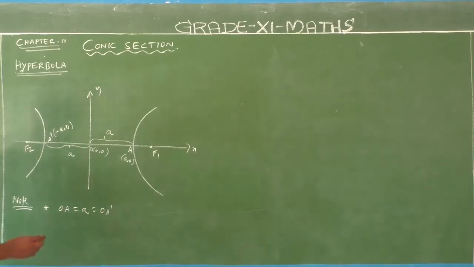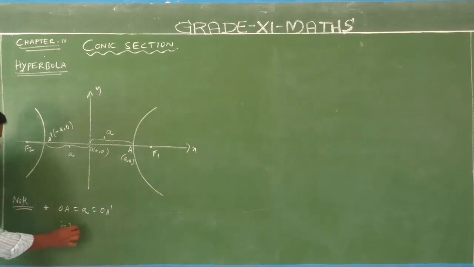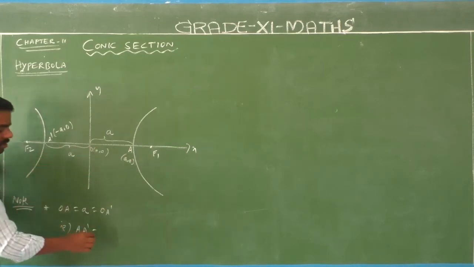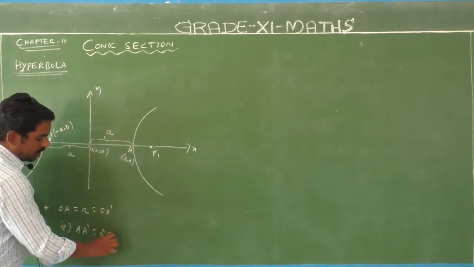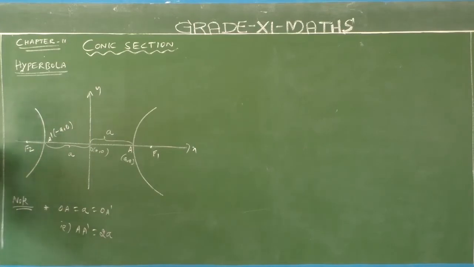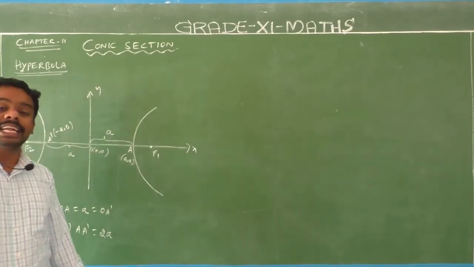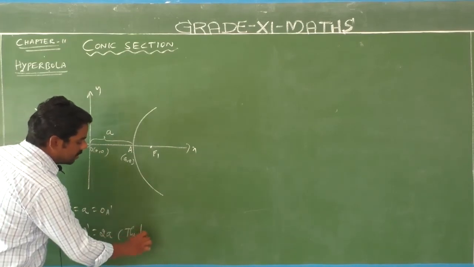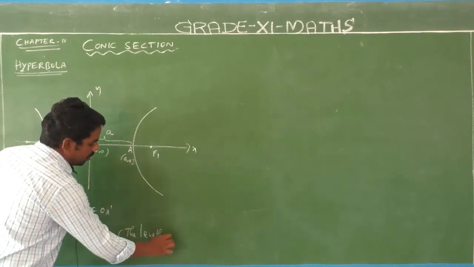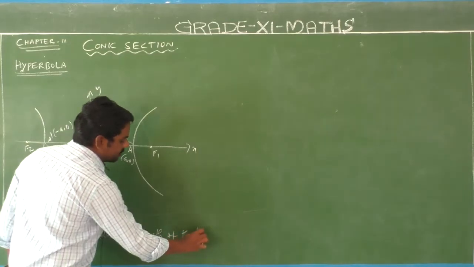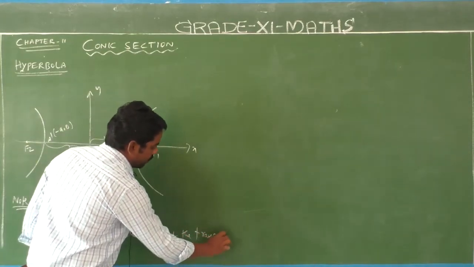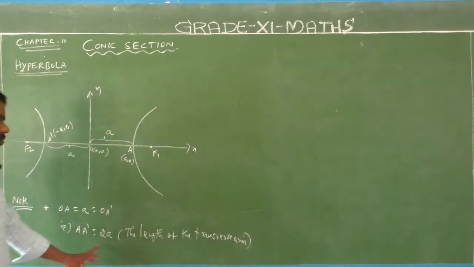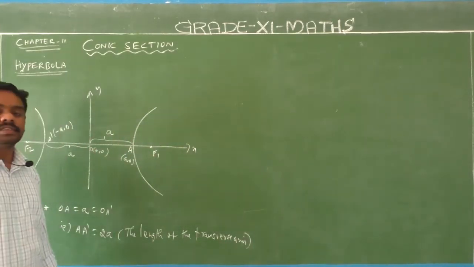The distance AA dash is equal to 2a. That is the length of the transverse axis. So the length of the transverse axis is 2a.